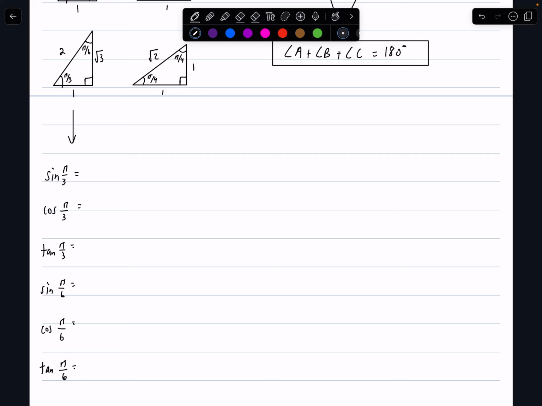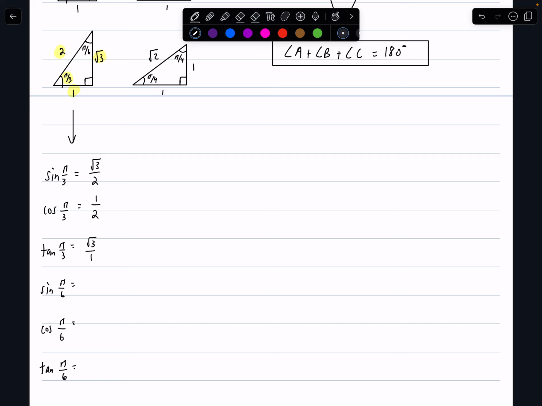So sine pi over 3 is going to be opposite over hypotenuse, so we will have root 3 over 2. Cos pi over 3 is going to be adjacent over hypotenuse, which is 1 over 2. Tan pi over 3 is going to be root 3 over 1, because it's opposite over adjacent.